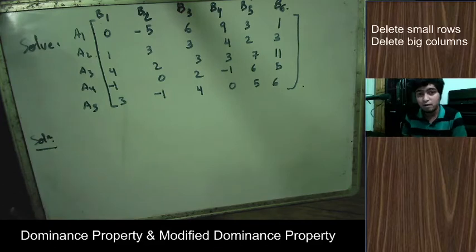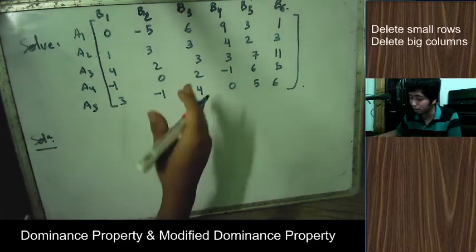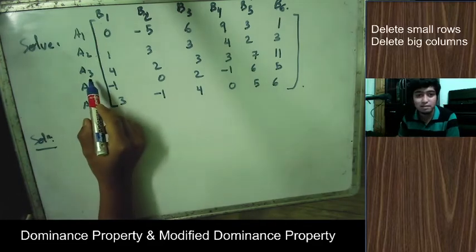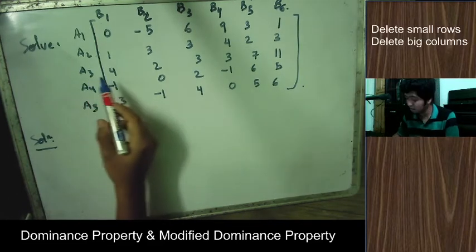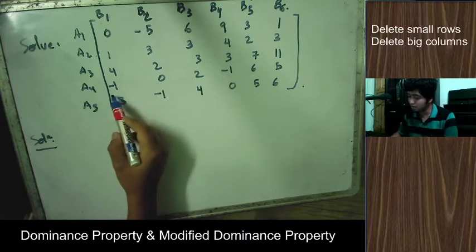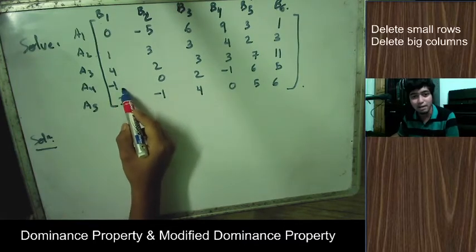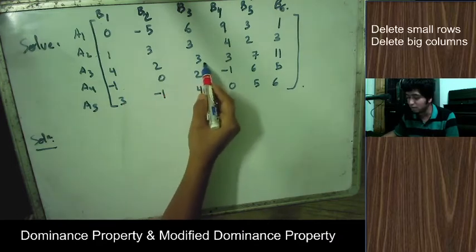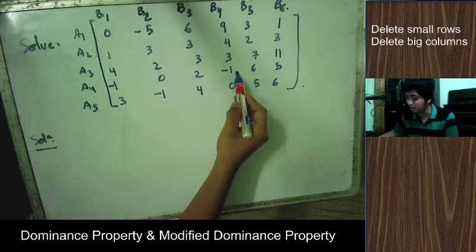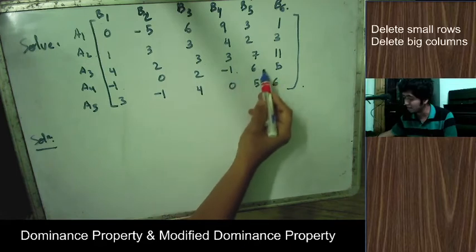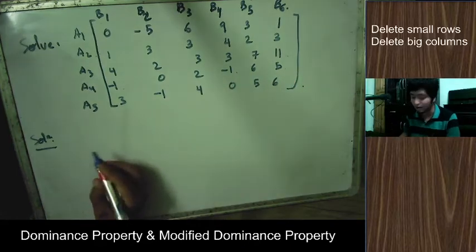Solution. If you see properly, you have to be very particular. You can see that this row A3 dominates this row A4. Just have a look. 4 is greater than -1, 2 is greater than 0, 3 is greater than 2, 3 is greater or equal to -1, 7 is greater than 6, and 11 is greater than 5.